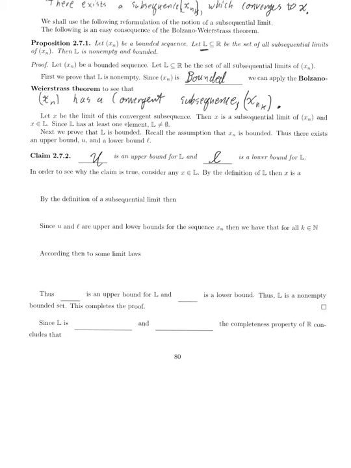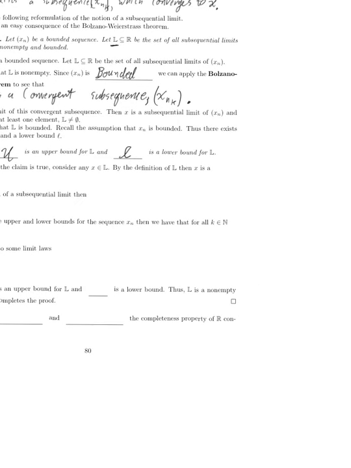Well, let's try to do it. If you want to show that two things are bounds, what do you need to do? What is it that I want to show?